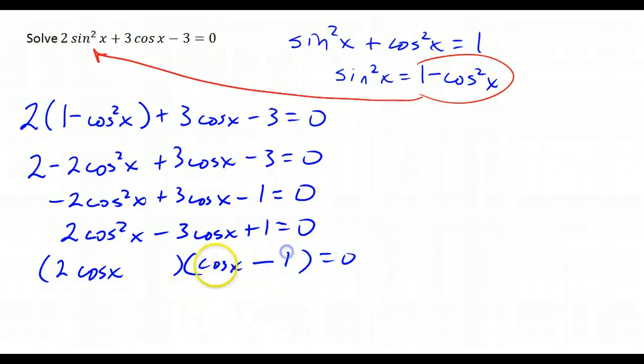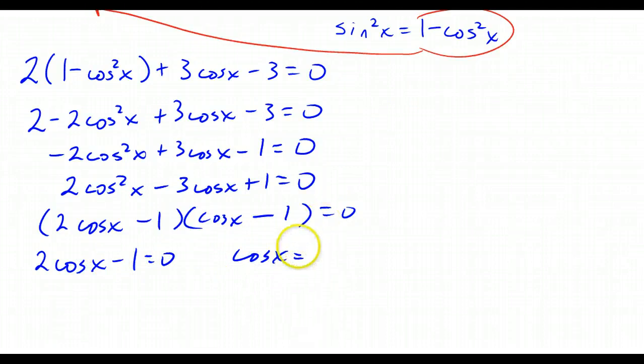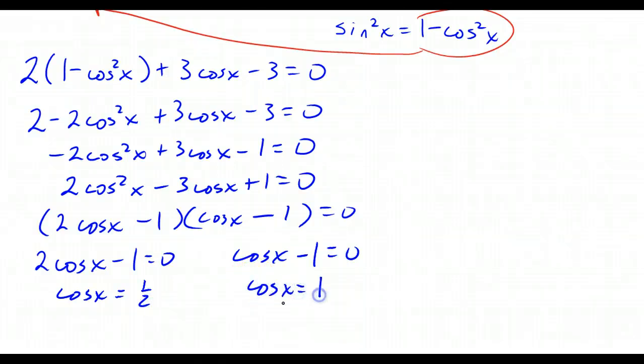I think I put a negative 1 there and a negative 1 there, and we'll get what we need. Okay, so now we set each factor equal to 0. And cosine x equals positive 1/2, and cosine x equals 1.